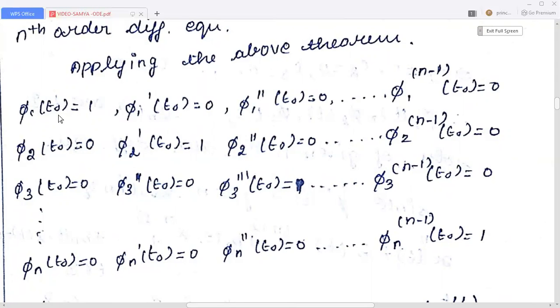Here we need n functions. Here pi 1 of t naught equals 1, pi 1 dash of t naught equals 0, pi 1 double dash of t naught equals 0, etc., pi 1 n minus 1 dash of t naught equals 0. In the second row, pi 2 of t naught equals 0, pi 2 dash of t naught equals 1, pi 2 double dash of t naught equals 0, etc., pi 2 n minus 1 dash of t naught equals 0.